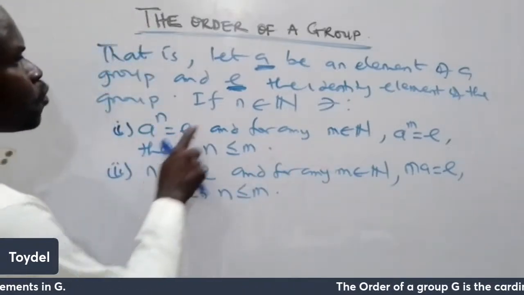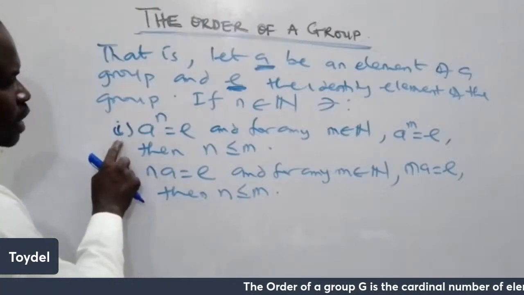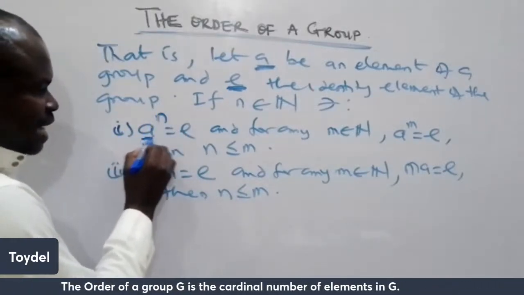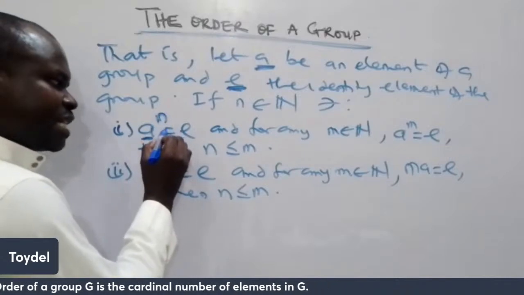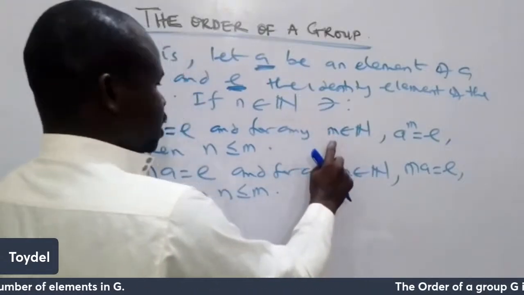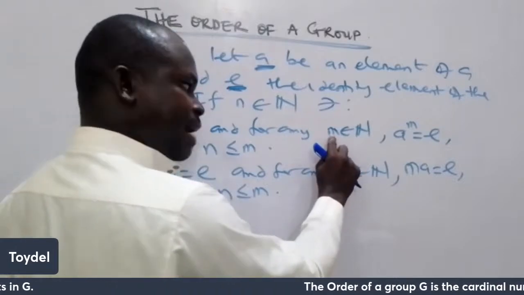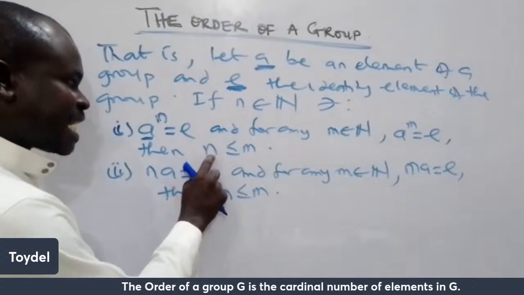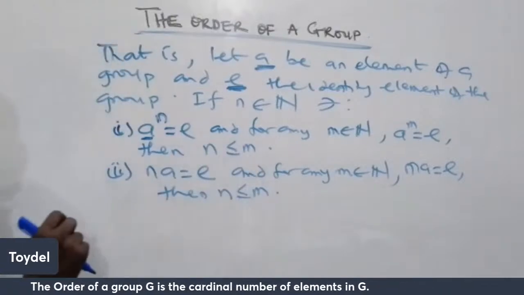So in this case, look at the first condition. If it is in the form of a power, this is the element A raised to the power n, which gives us identity. And if we have another number, say m, and A raised to the power m gives us identity, it simply means that this n can only be less than or equal to m. It cannot be greater than m.